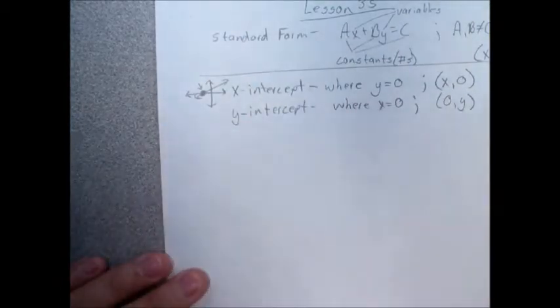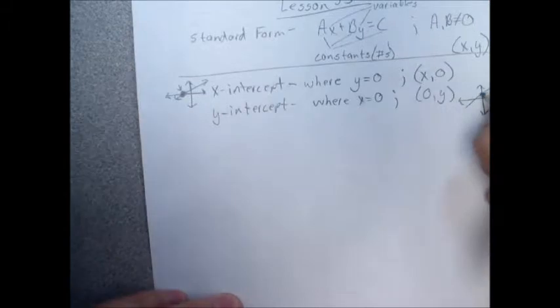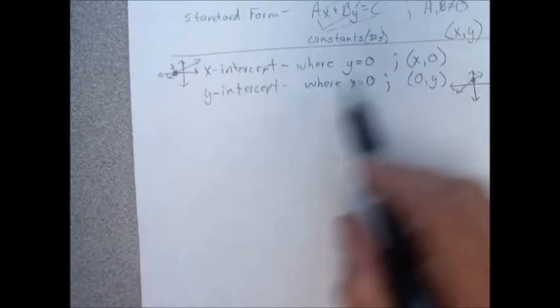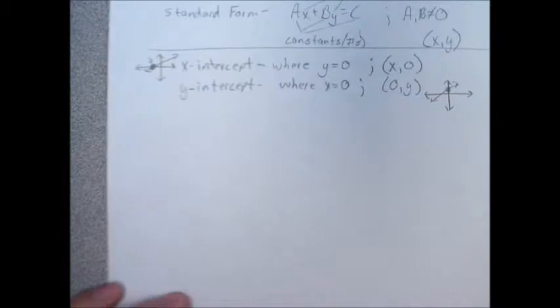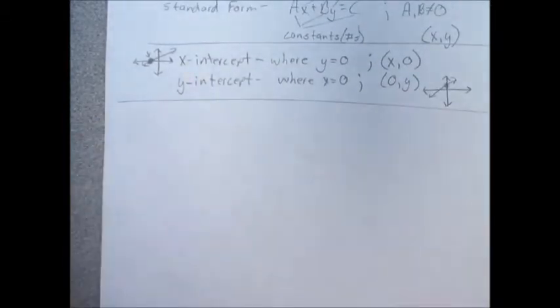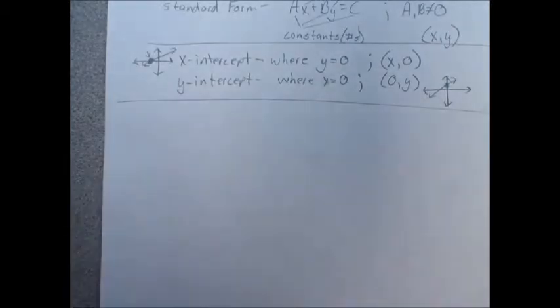On the y-intercept, again, I need an x and y axis here. It's where it crosses the y-axis, so right here. It's where the line crosses the y-axis. So that's the simple definitions of it, both geometrically and with words. Mathematically is right there. Any questions on that part? Should make more sense as we get into the examples.